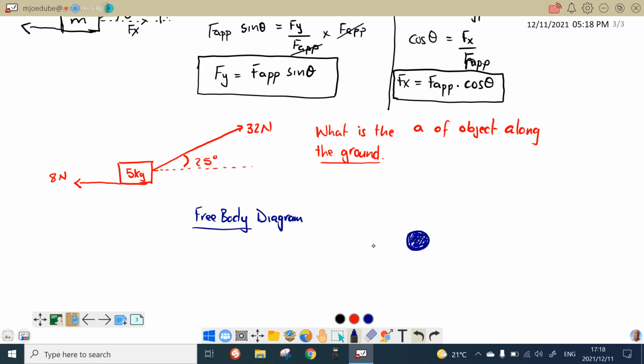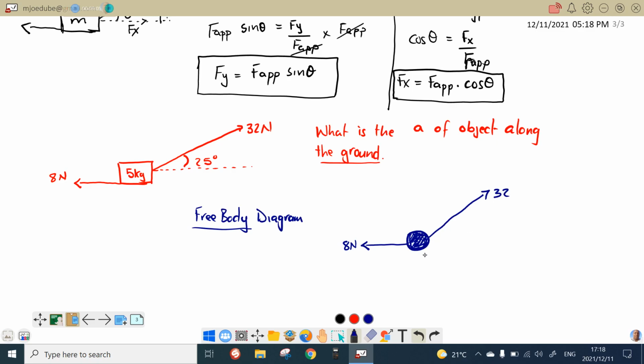There's a force that acts to the left, which is 8 newtons, and then there is the applied force of 32 newtons.